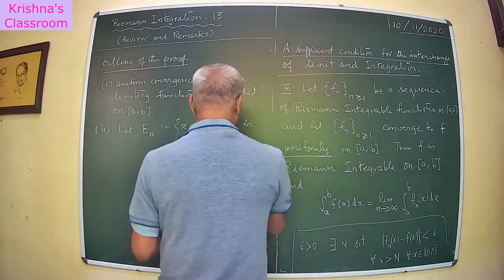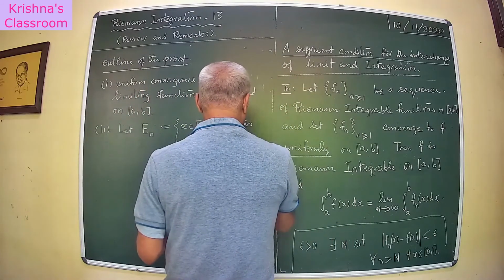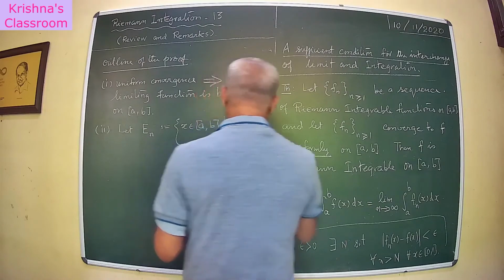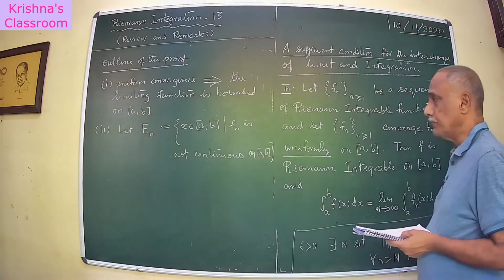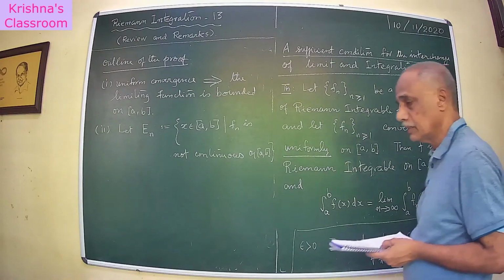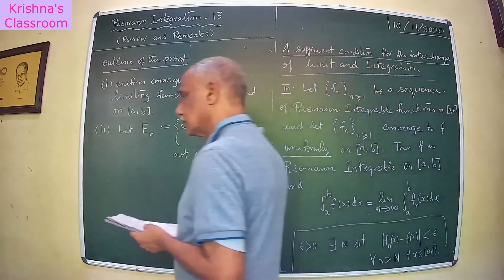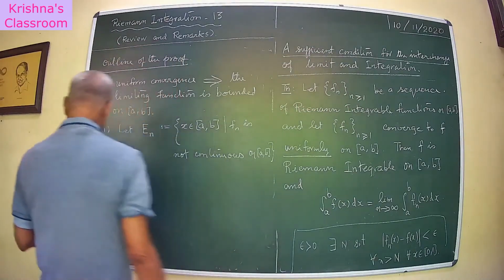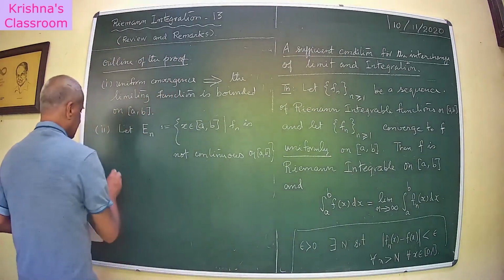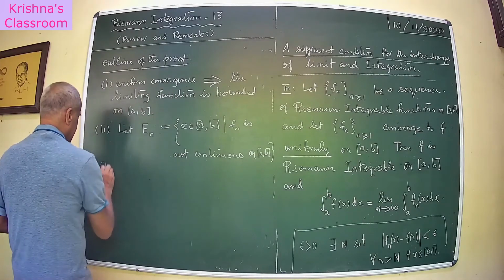Now you see that in the first example the function is continuous. Probably the limiting function has the problem. Okay, and then show that.